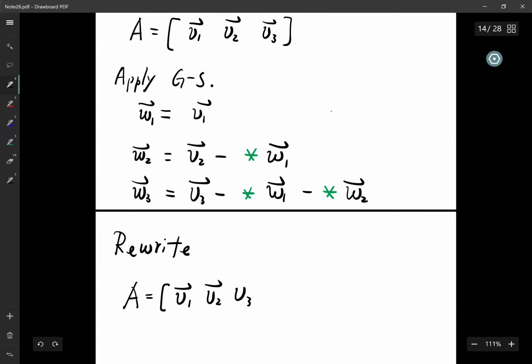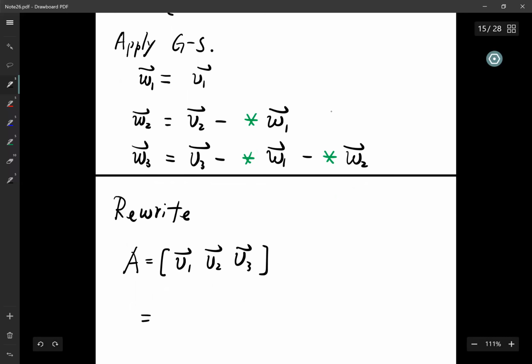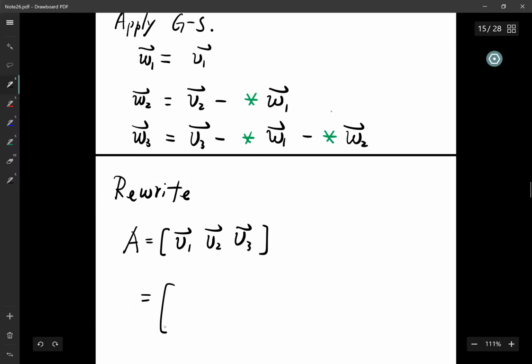I just move all these stars, which I don't care, they're just numbers associated with W, to the left-hand side. So this is a linear combination of W1, W2, W3, which is an orthogonal basis.